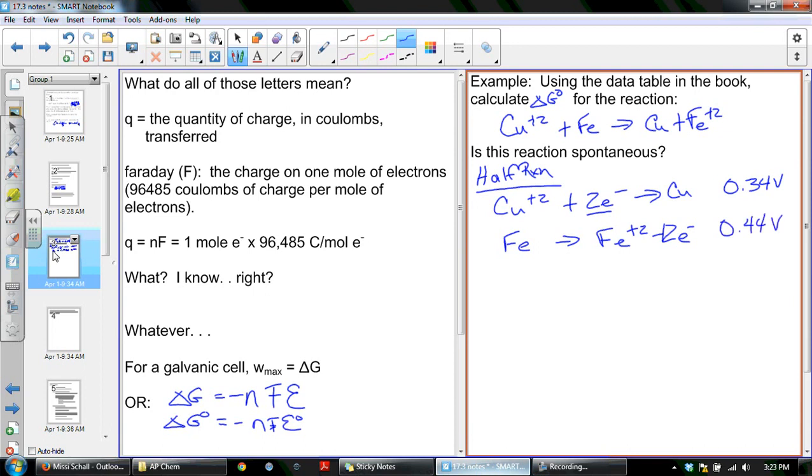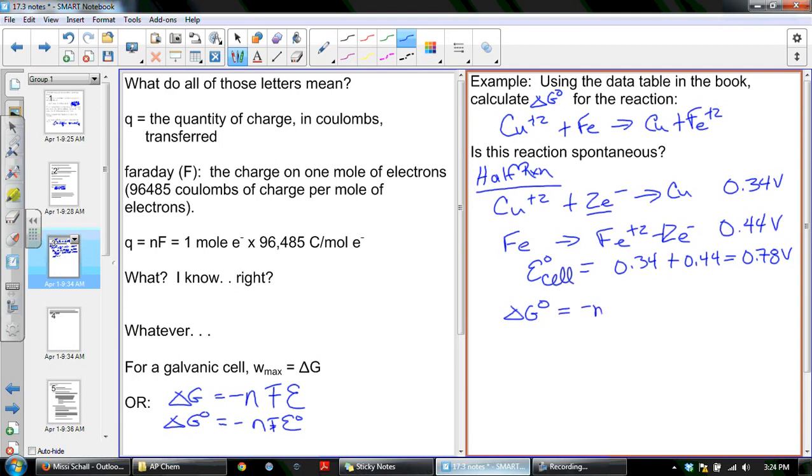But because we are flipping it to be an oxidation reaction, it becomes positive 0.44 volts. So the E of the cell is going to be adding them together, 0.34 plus 0.44 equals 0.78 volts. All right, so now that we have the E of the cell, I suppose we should call that E0 of the cell. We could calculate delta G0 of the cell.